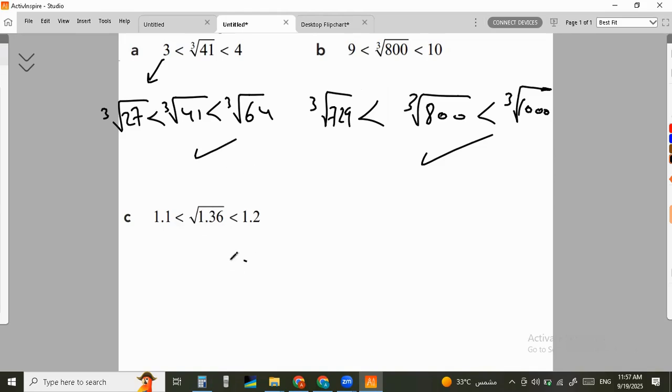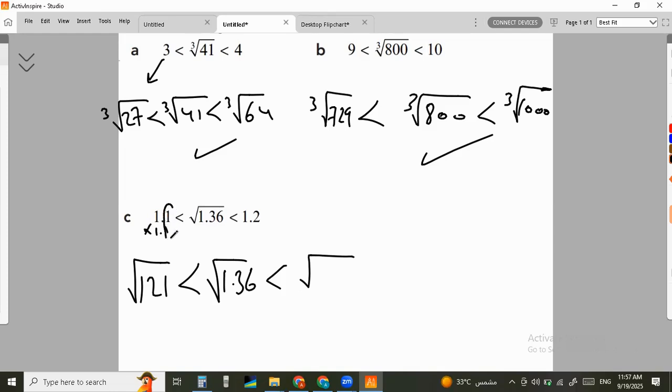Same thing exactly over here. They want you to show that the square root of 1.36 is between these two numbers. So I'm going to do the same thing. I need also here a square root. So it is 1.1 times 1.1. Well, mister, ignore the decimal point. It's just 11 times 11, 121. And I will have two decimal places because this means 1.1 times 1.1, two decimal places.